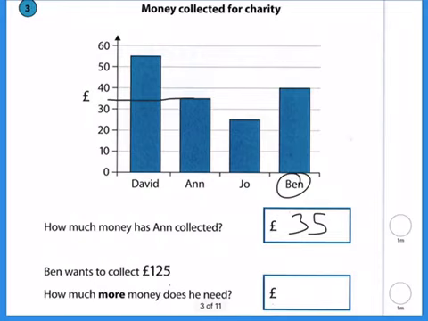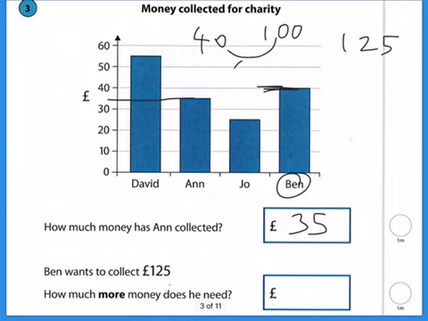Well, he's got 40 already, so 40 up to 125. We say he needs another 60 to get to 100. You need another 25 to get to 125. So basically we've added 60 and 25, which is 85.